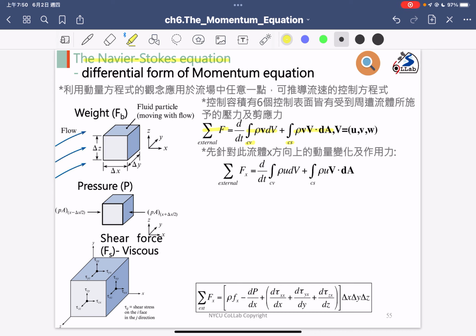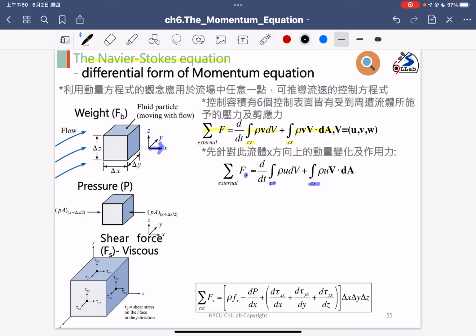First we only consider the cross-sections along the x direction, so we can simplify the equation along the x direction, and we still have the same formula on the right hand side items.